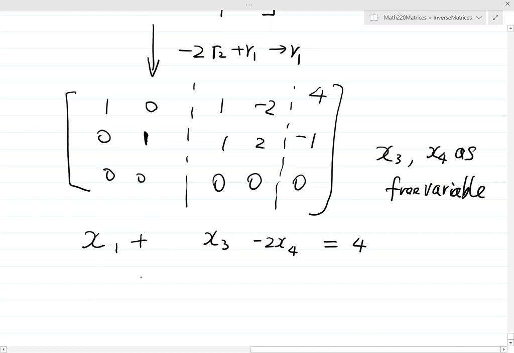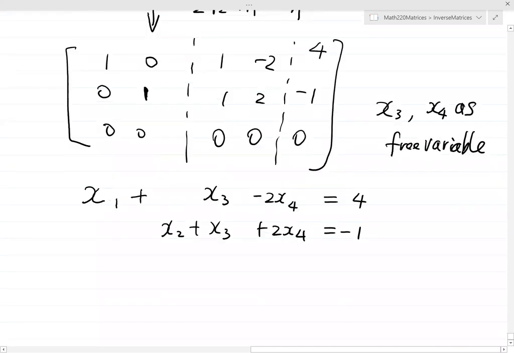The second row says x2 plus x3 plus 2x4 equals -1. So you can solve for x1, x2. You need to find a special solution.